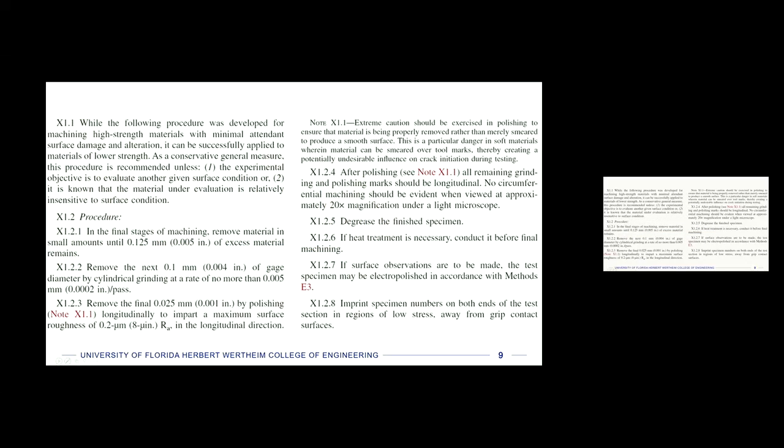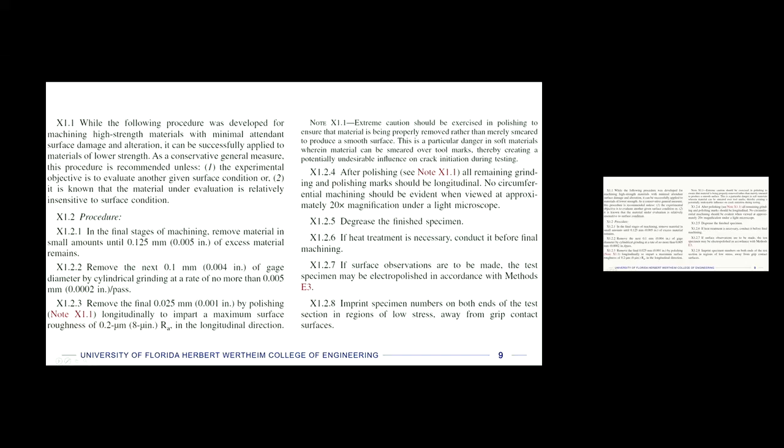I know this text is really small for reading in the classroom. At the end of the ASTM standard, it provides an example of how one might describe the sample preparation procedure, and I'll just tell you the different stages of it. First, you have to machine it to the particular dimensions that you decide.